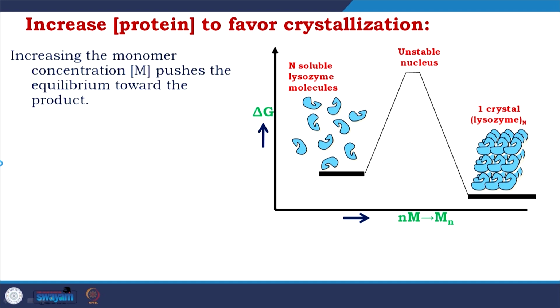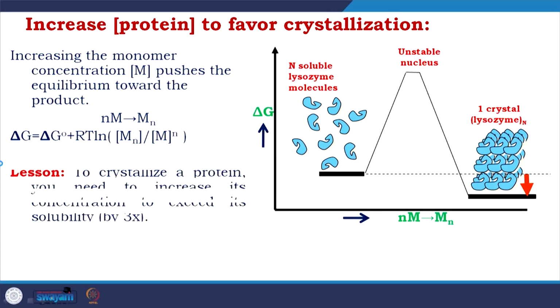Increasing the monomer concentration, designated as M, pushes the equilibrium towards the product. This is what we want: nM to Mn, where nM is the monomers, meaning the protein molecules here, and Mn is the crystal where millions of protein molecules would be arranged in an array.